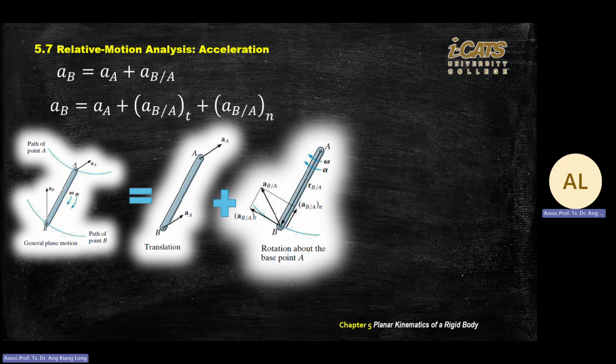When you have general plane motion, you have translation plus rotation. On the left hand side, your equation is always the general plane. On the right hand side, you have two combinations: one is translation, one is rotation.